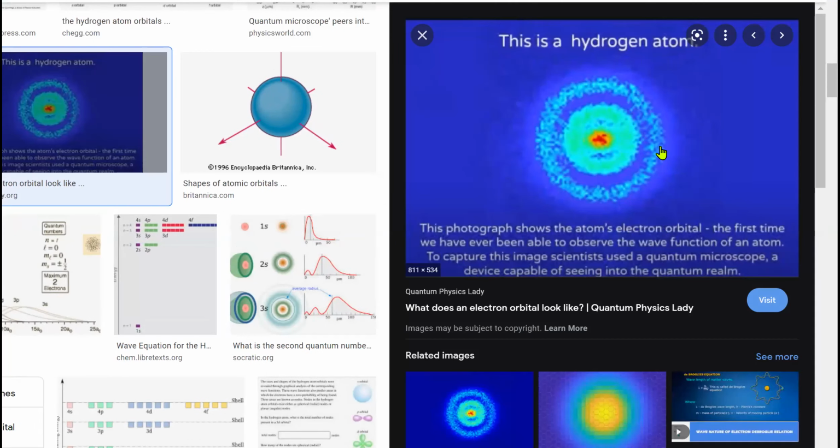If you look at a hydrogen atom, there's a single electron that's buzzing around, just like a fly, occupying this particular spherical region. And this is actually a photograph that shows the atomic electron orbital. That was the first time. So this is what a hydrogen atom looks like under a microscope. One thing you would notice is that a single electron occupies a spherical orbital. That's your s orbital.